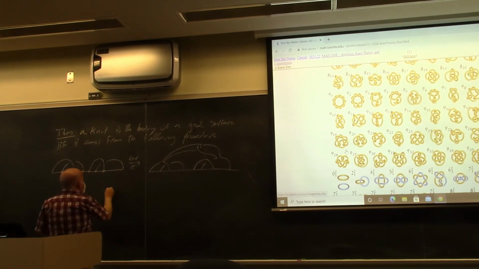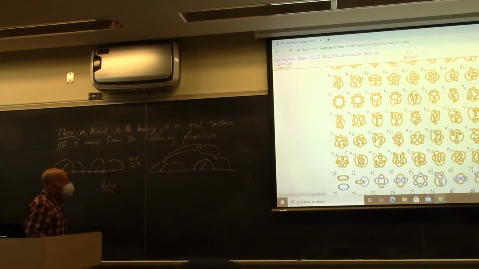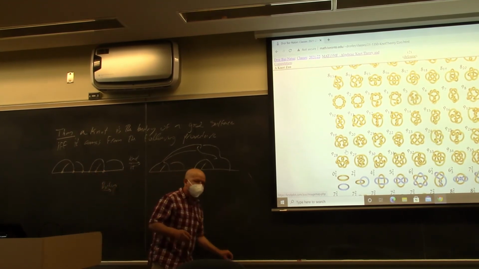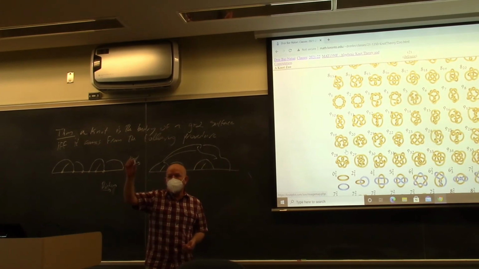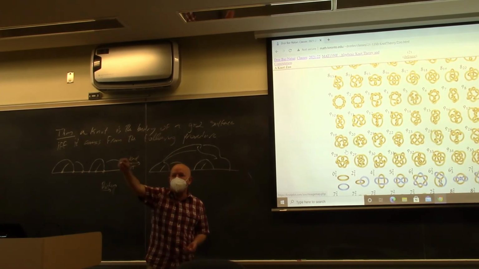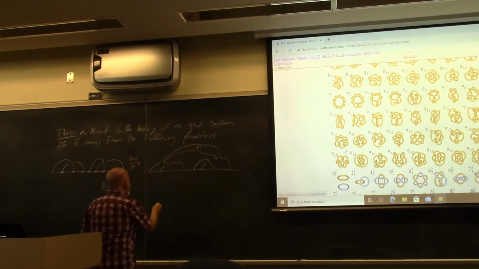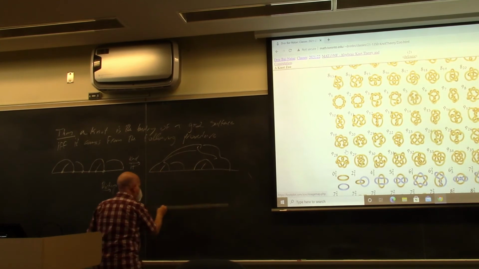And then you thicken it. What does thicken mean? It means you draw with the wide side of the chalk instead of with the sharp side of the chalk. Okay? So let's try to do it. You get this at the bottom.